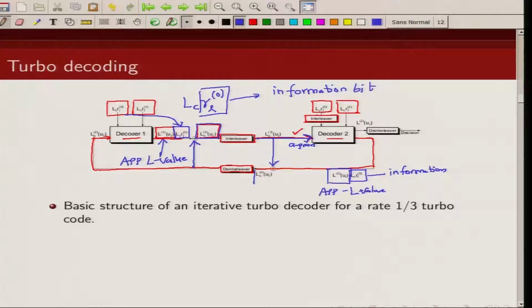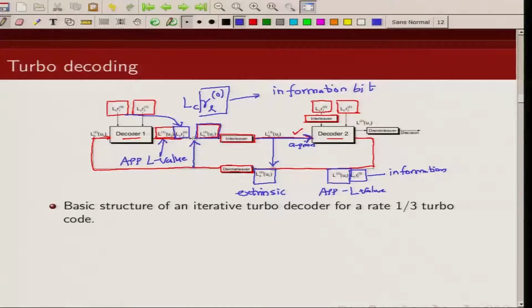What is left is my extrinsic information. So for the second decoder, in a similar fashion, I subtract from the APP value the contribution of the information bit and the contribution of the a priori knowledge. What is left is my extrinsic information.